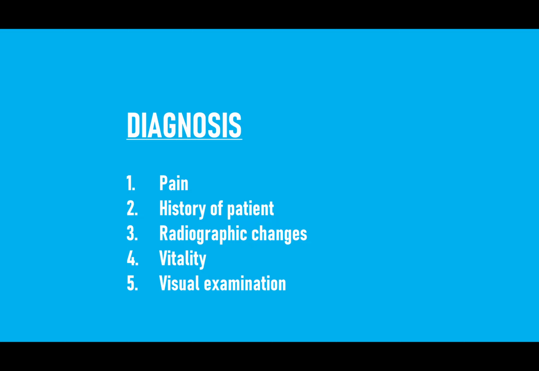These are the things by which we can confirm that there is pulp necrosis. Pain is absent in complete necrosis, but when there is partial necrosis, the pain may be there and the pain is very severe. But when there is complete necrosis, the pain is absent.